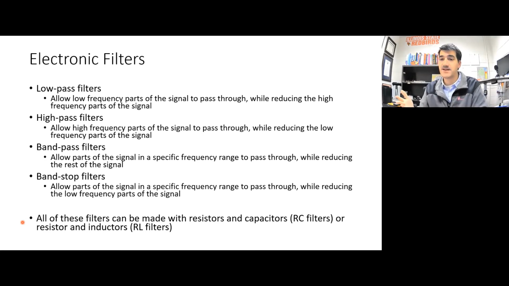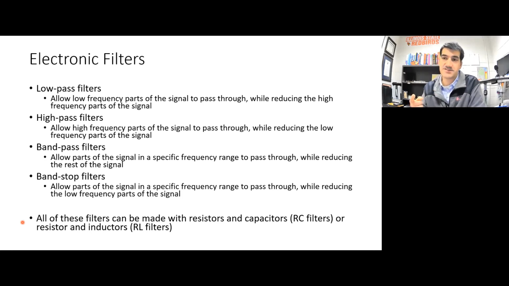All right, so you can make an RC low pass filter, or you can make an RL low pass filter. Similarly, you can make an RC high pass filter or an RL high pass filter. And those are the 4 things that we're going to talk about between today and the next class session.